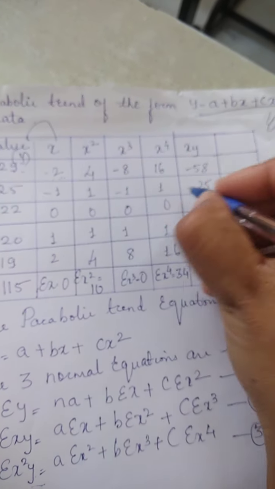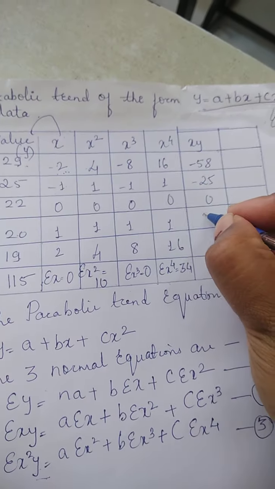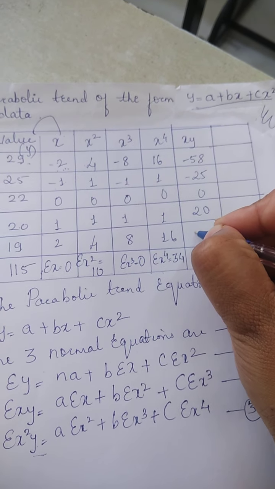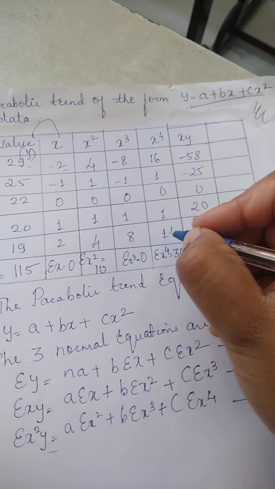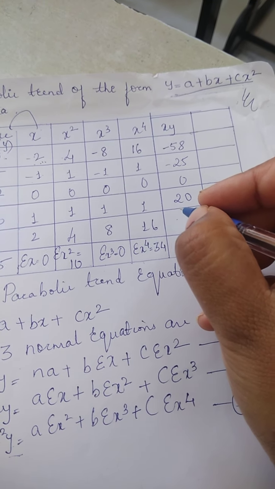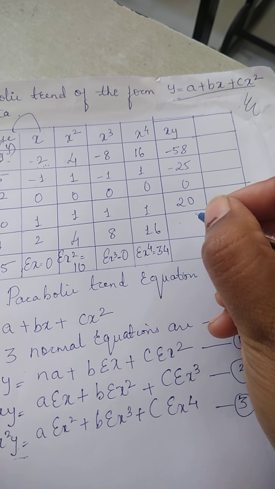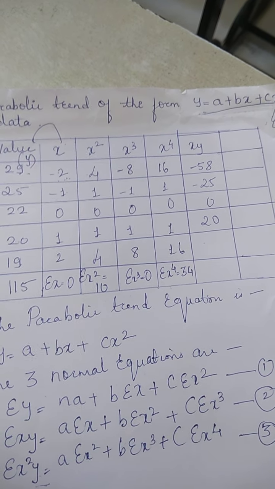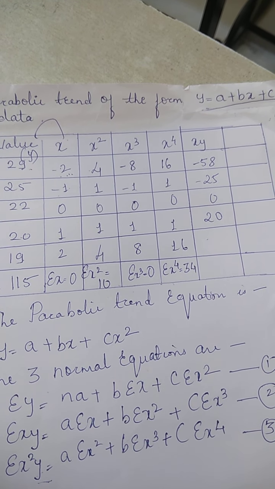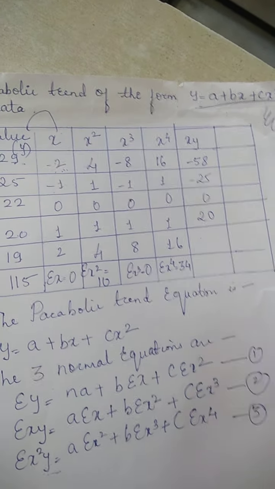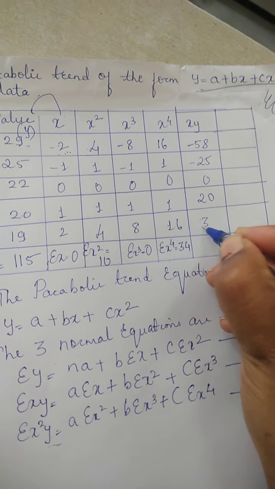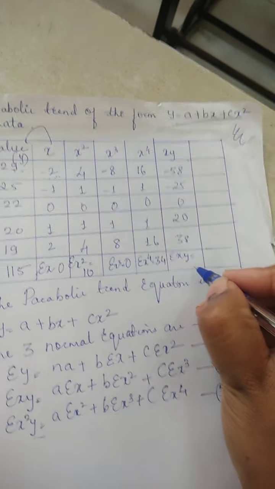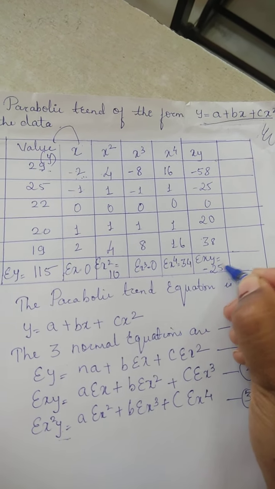Then 22 into 0 is 0. 20 into 1 is 20. 19 into 2 is 38. So total summation xy is equal to minus 20.